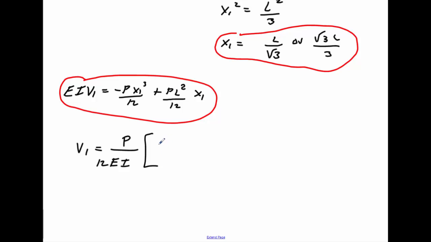When I do that, it gives me negative x1 cubed plus, let's see what we got here, L squared over 12 times x1.